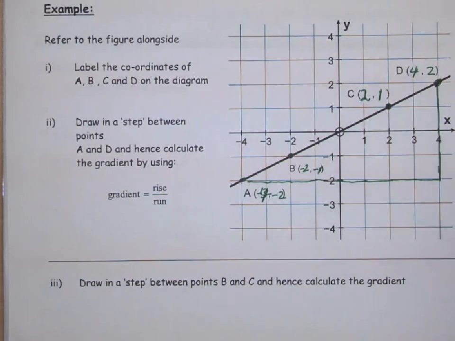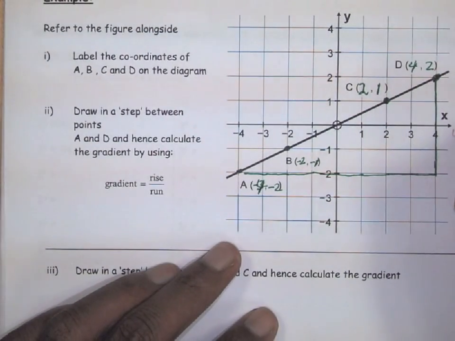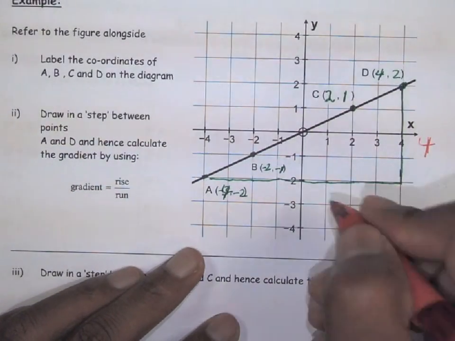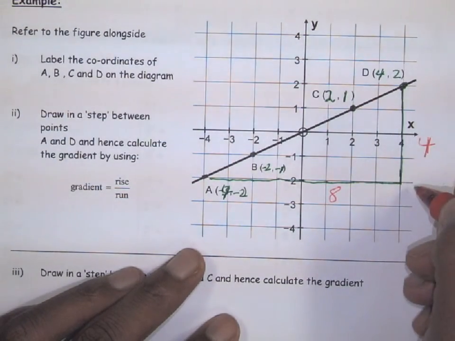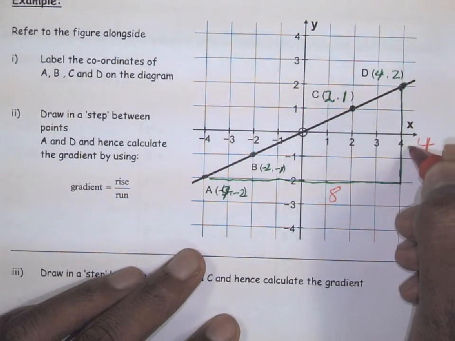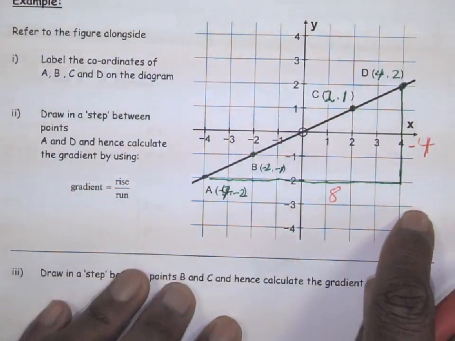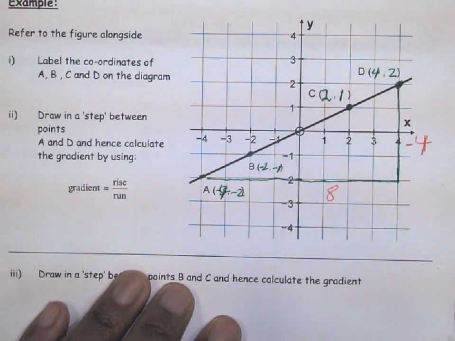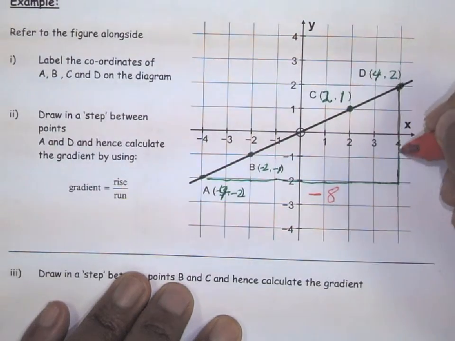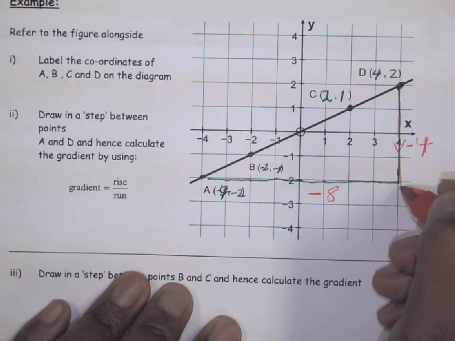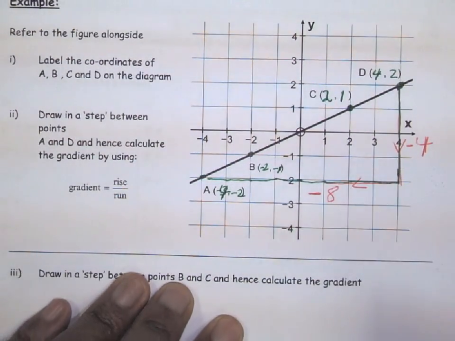So we have 4 blocks this way, and we have 8 blocks this way. And we know that, we went down, agreed? We went down, and down is negative, and we went this way, which is negative also. Remember, we went down, negative, and the direction, negative.